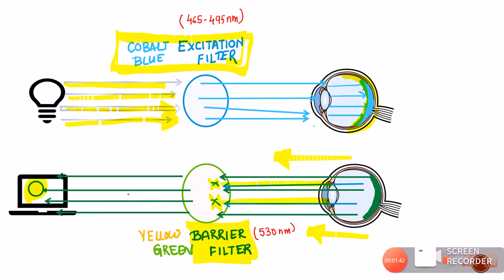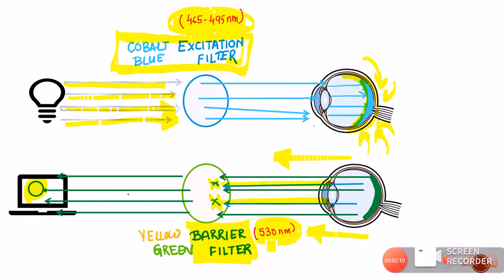The excitation filter will filter the white light so that only the blue light goes inside the retina, and the fluorescein dye present in the retinal vasculature, which we injected, will absorb this 465 to 495 nanometer light, and then it will emit light of 530 nanometers.